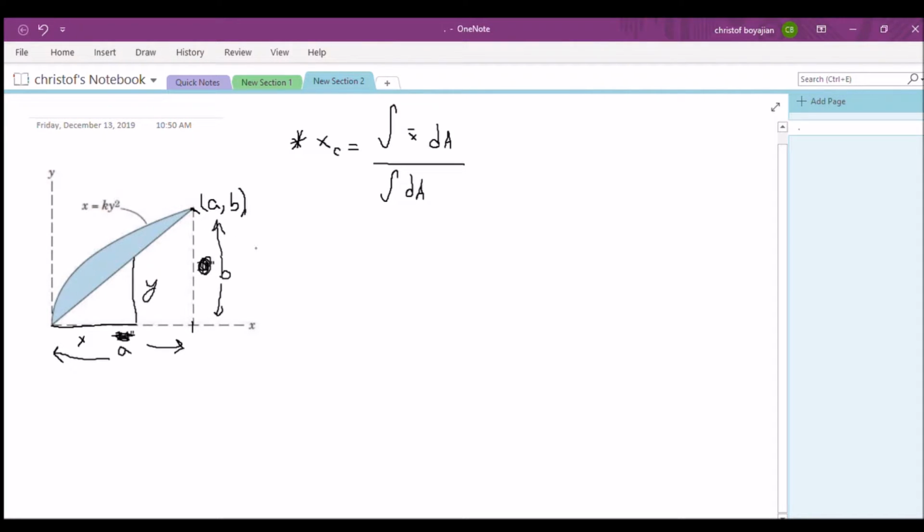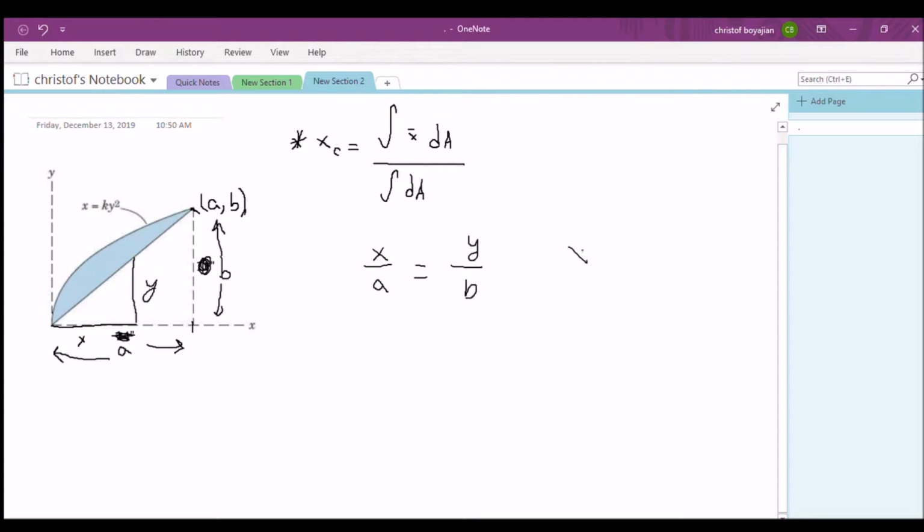Okay? Now we can use a geometric law that we know, similar triangles. So let's solve for similar triangles. So we have x over A, right? This branch and this branch are congruent. And then we have y over B. Okay, and then we can solve for x.